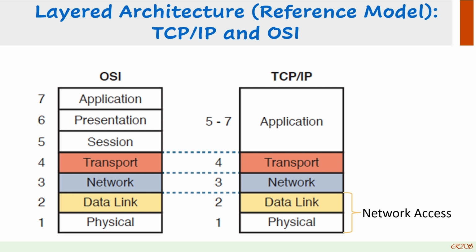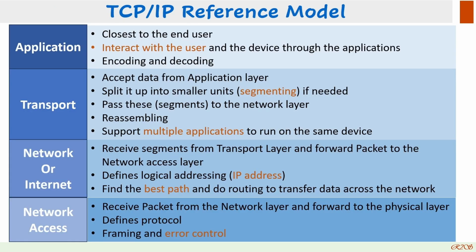And the TCP/IP model is actually the one implemented in our networking now. So let's discuss more details on the TCP/IP reference model. Let me briefly tell you about the different layers.